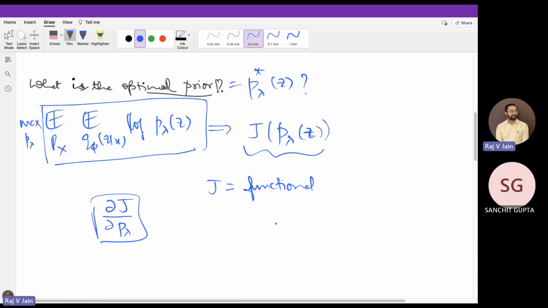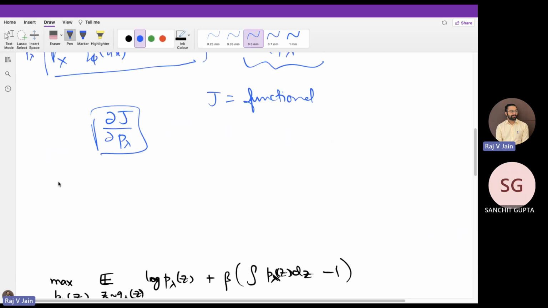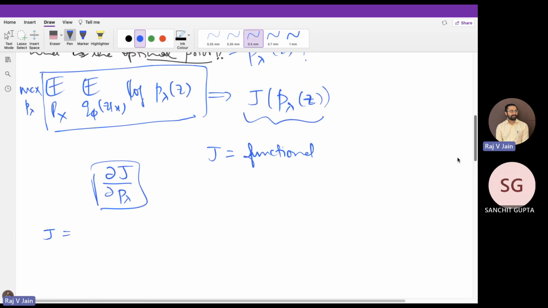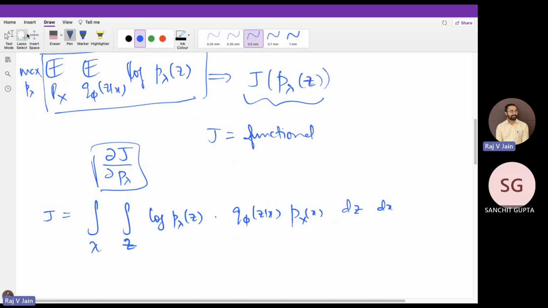Now what I can do is write this J as the integral over x, integral over z, of log p lambda of z into this distribution q phi of z given x, this distribution px of x, dz dx.